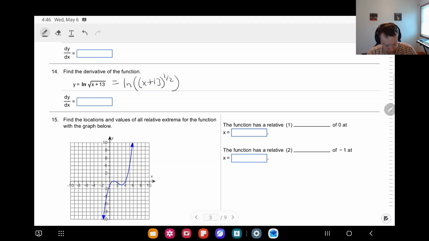And there is a rule with logarithms where when you're taking the log of an exponential, you can take that power and just move it out front. So this is the same thing as 1/2 times ln of x plus 13. Now, I haven't even started taking the derivative yet. I just rewrote the original function, and this is way easier.